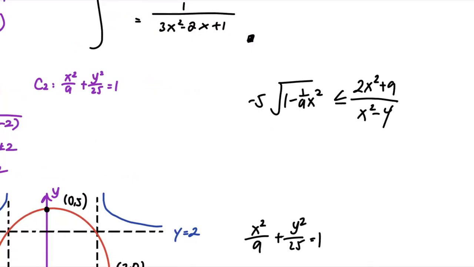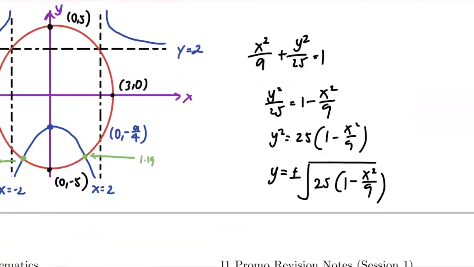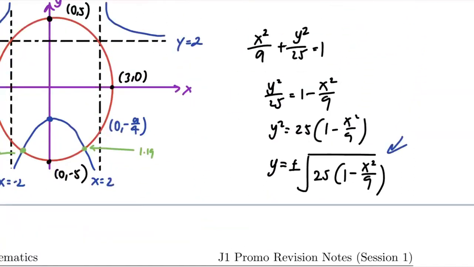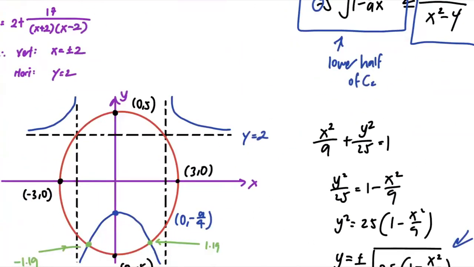So what you should notice first is that this is C1. Pretty obvious. What is this random thing here? Now, if you have done it correctly, you will realize that this is just your C2. But what portion of C2 is this? This is the negative graph, which is the lower half of C2, which is here.